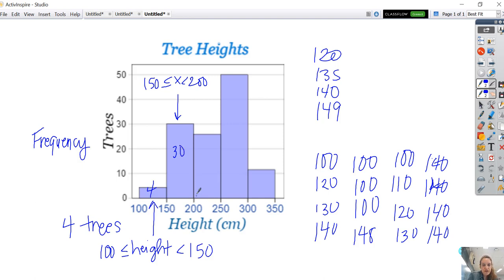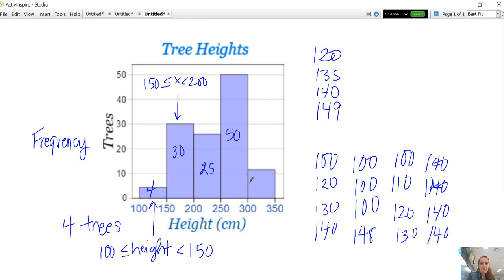In between 200 and 250, so greater than or equal to 200 centimeters, but less than 250 centimeters, we'll say that's 25 trees. Then greater than or equal to 250, but less than 300, that's 50 trees. And then finally, our last bin is the trees that are greater than or equal to 300, but less than 350. That's a little bit over 10. So let's say there's 11 trees.